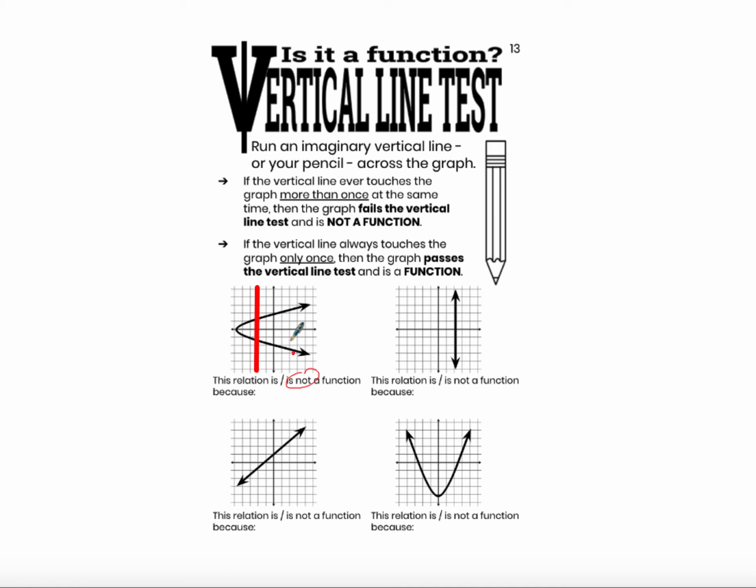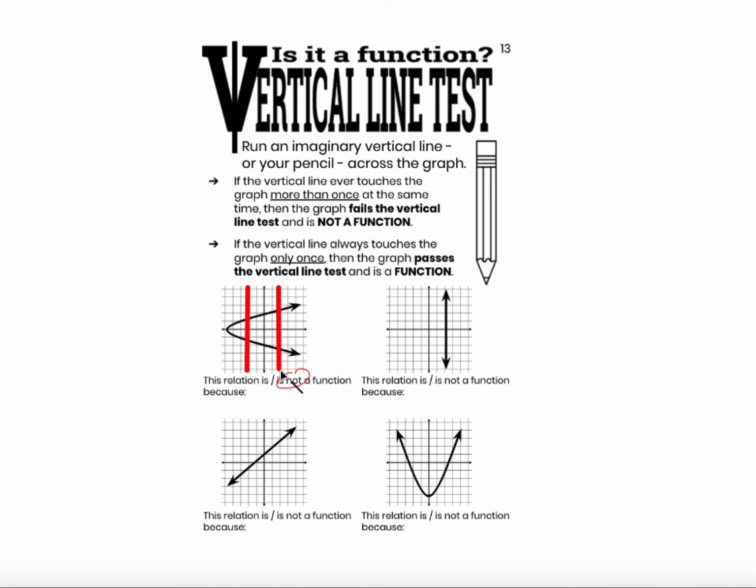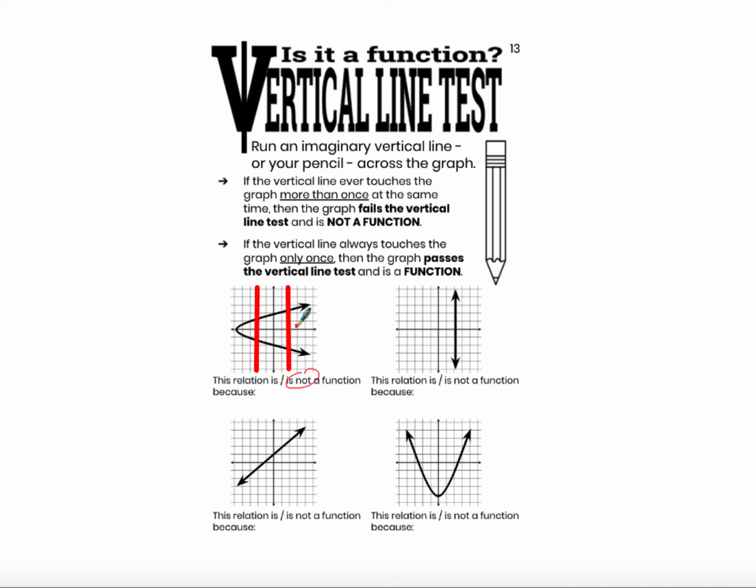This is not a function. For this x value, there are 2 different y's, not a predictable output given the input. So there, I could draw it here. I could draw it anywhere to the right of that leftmost point. For this, x equals about 2. We have 2 different y values, not a function.